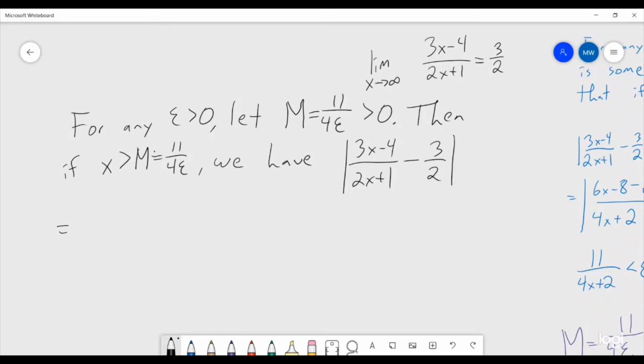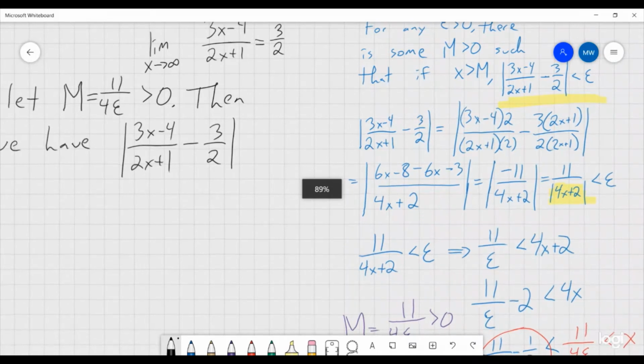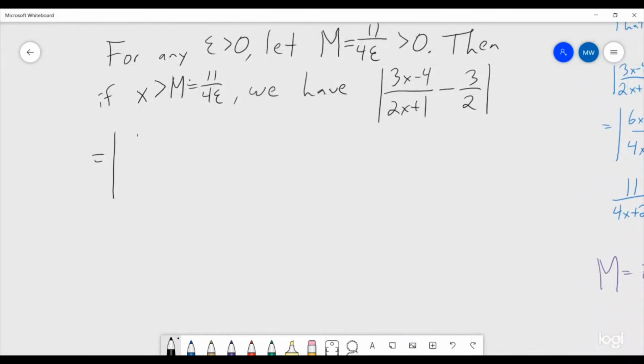Well, that's equal to what we found over here: 11 over the absolute value of 4x plus 2, which is 11 over 4x plus 2. So in your proof, you'd probably want to have those intermediate steps, but since we already did them in the scratch work, we would just copy and paste them over.